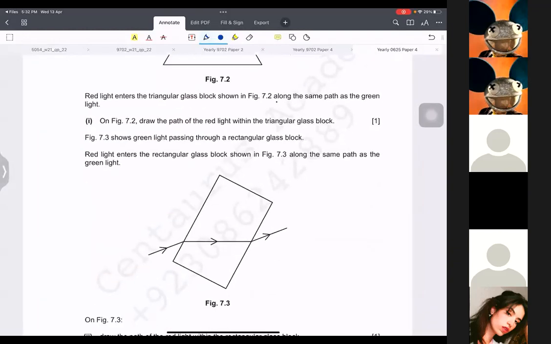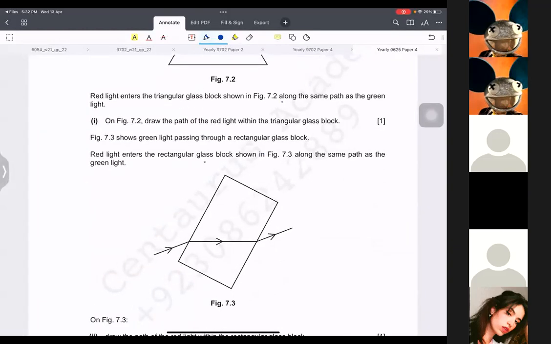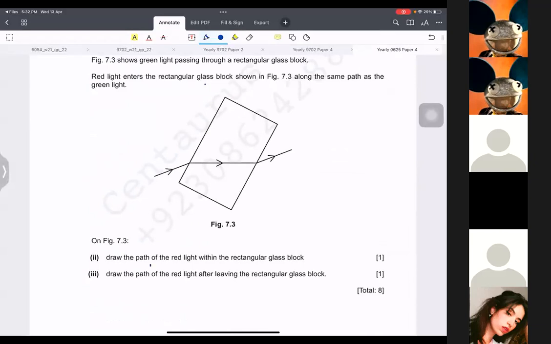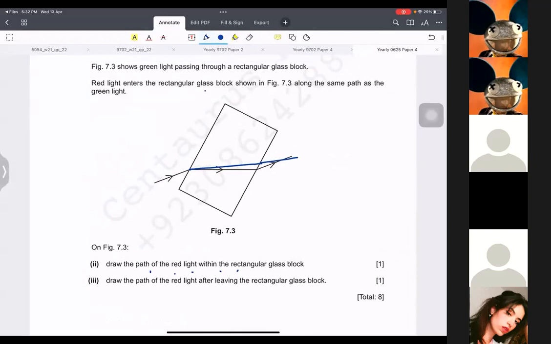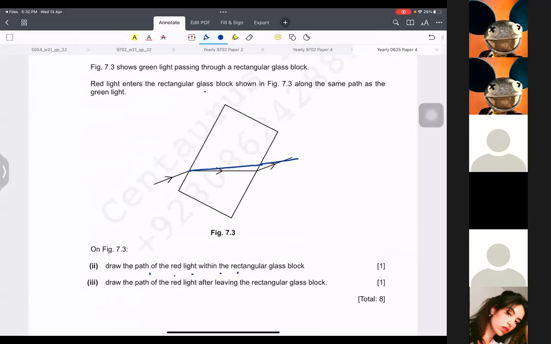Then red light enters a rectangular block, same path as green light. Draw the path of red light within the rectangular block. So you just need to make it refract less, and then it would also refract less like this. It should be basically some of it should be refracting.